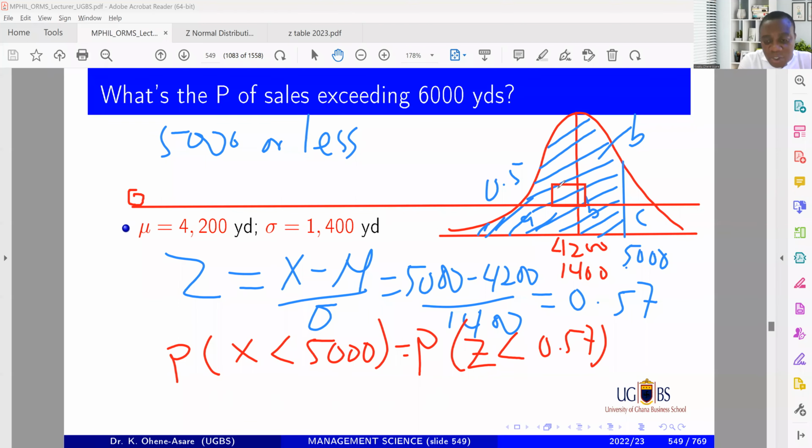And this will be equal to the 0.5 that you had already, plus the area you just found, which is 0.2157.